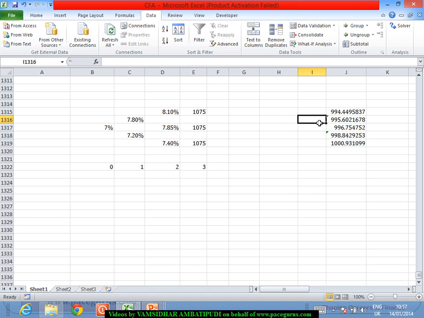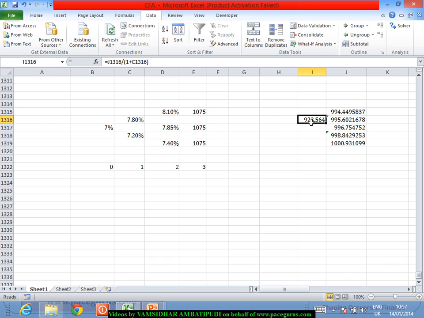So if I take the present value here, this is after 2 years. But if I want to find out the present value at 1 year, I can discount this by 1 plus whatever is the interest rate. So this node, I work node by node. That is what we call a backward induction kind of methodology. The same way here.